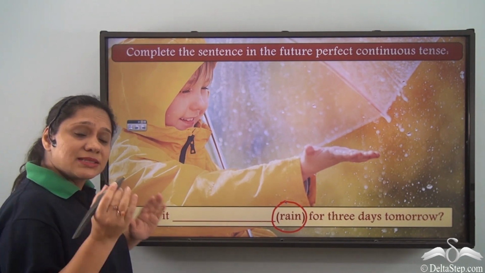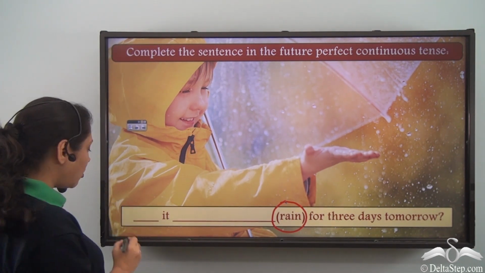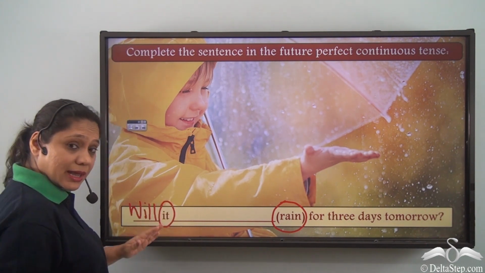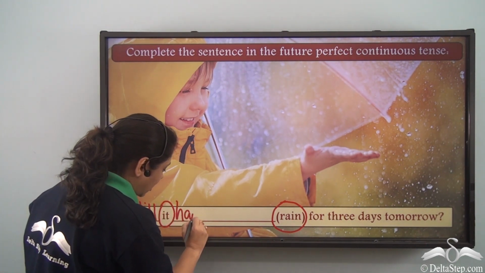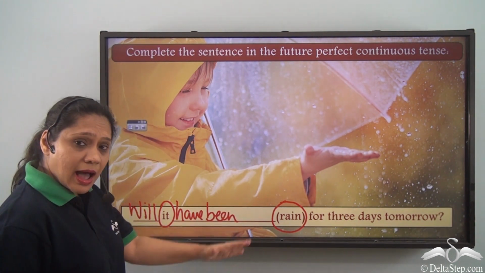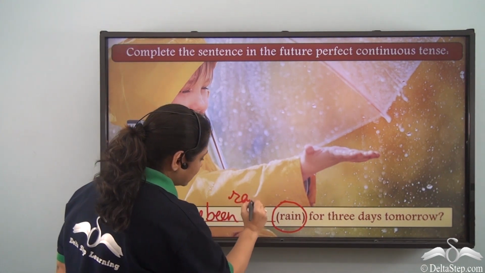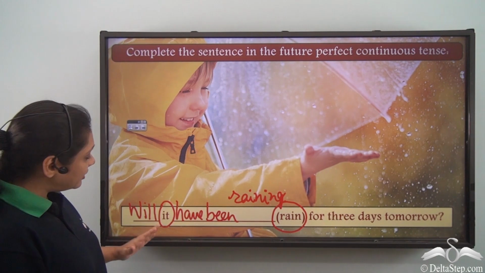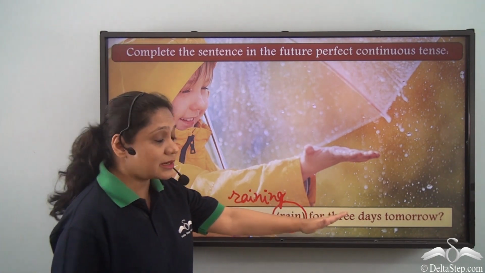So what is the sentence form in this case? We know that it is will followed by the subject it, followed by the auxiliary verbs have been, and then the ing form of the verb given to us, which is raining. So it will be, will it have been raining for 3 days tomorrow?